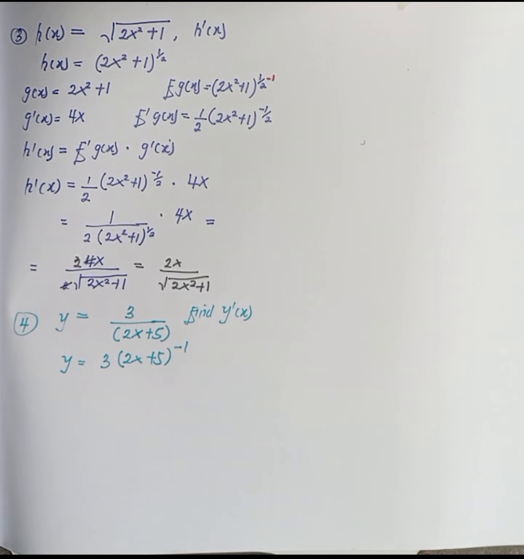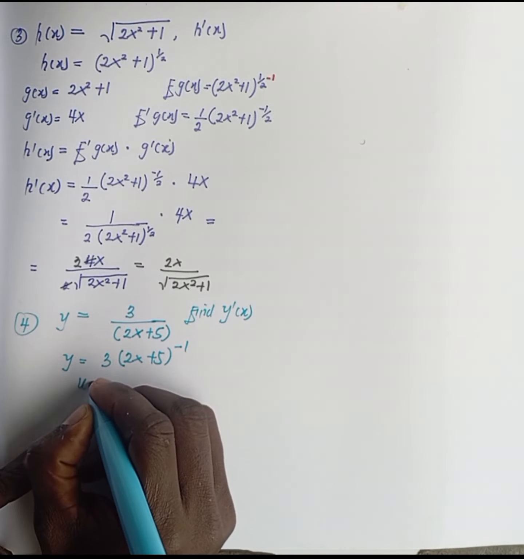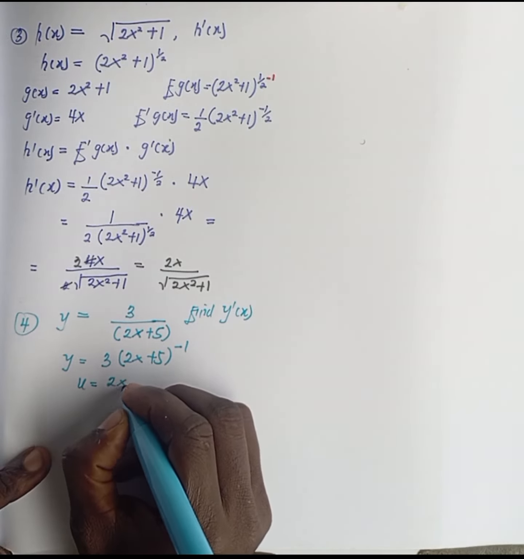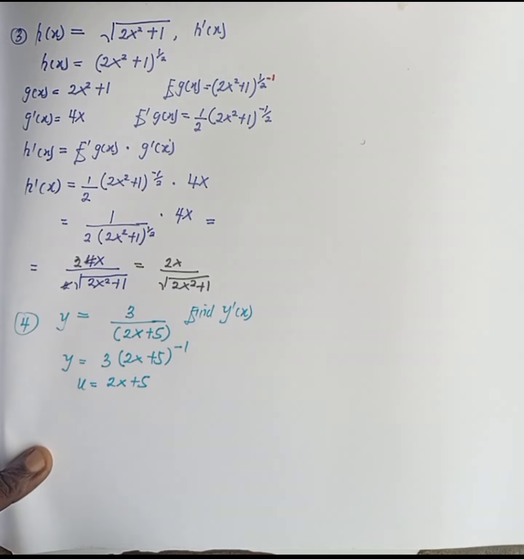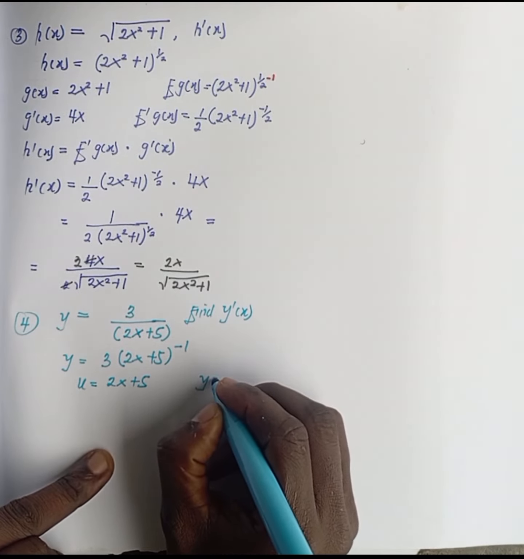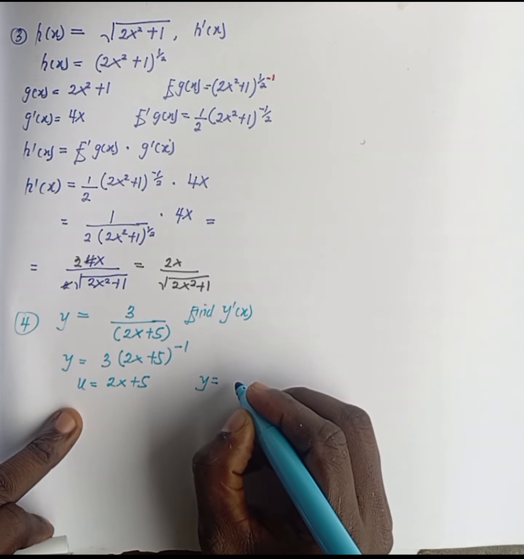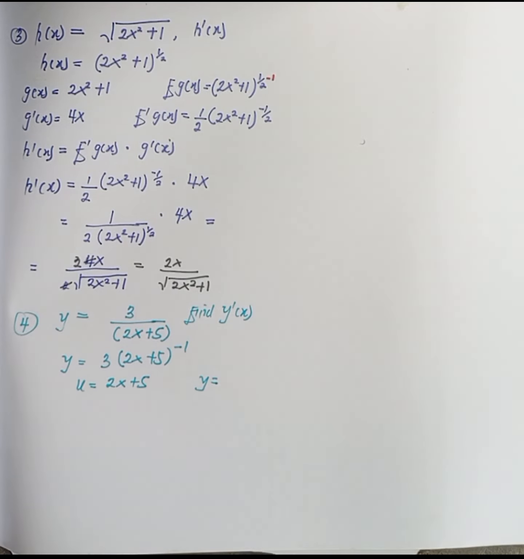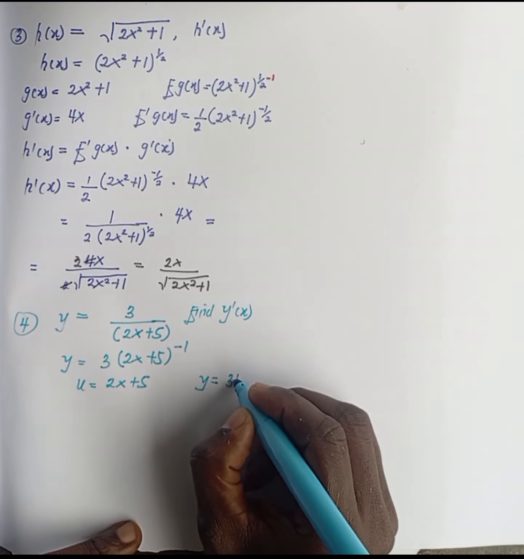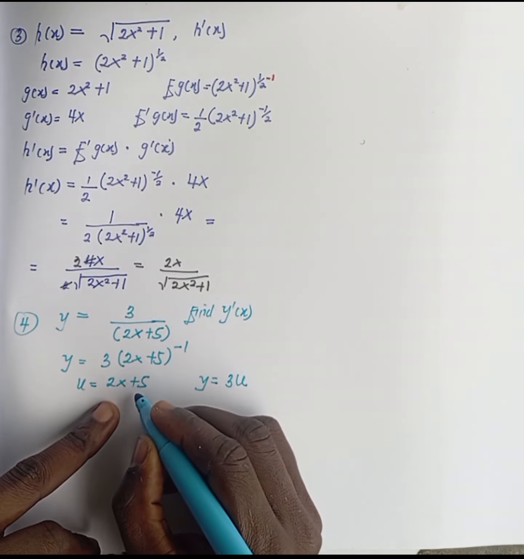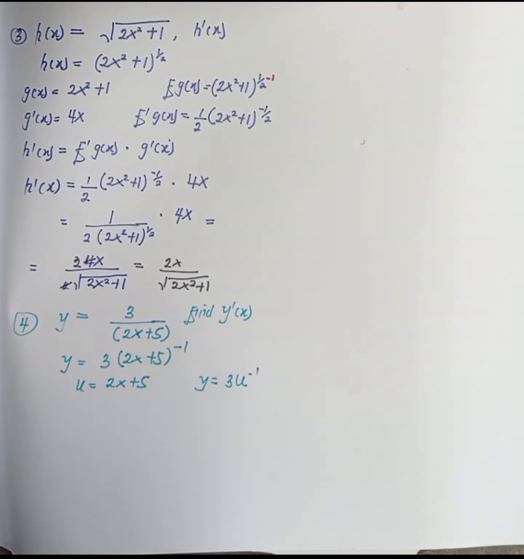Now the next thing that we are going to do here, this one I'm going to use the Leibniz method. So we are going to identify our u. Okay, so from here our u is going to be what? 2x plus 5. Therefore our function y is going to be what? It's going to be 3u, this is the 3, this u, and then exponent negative 1.